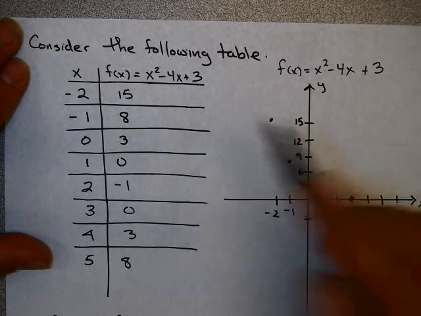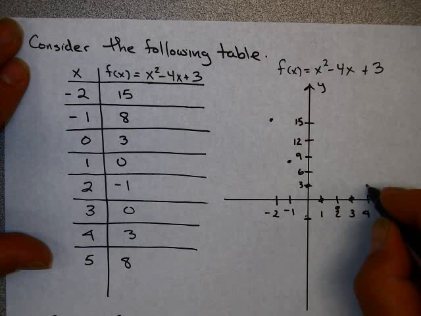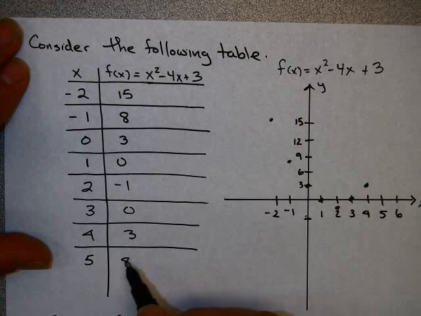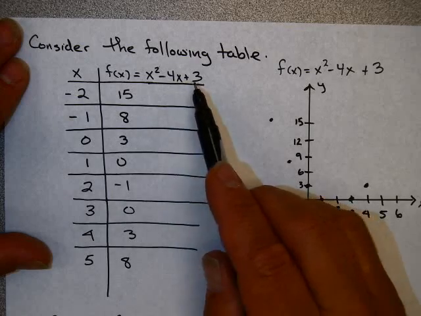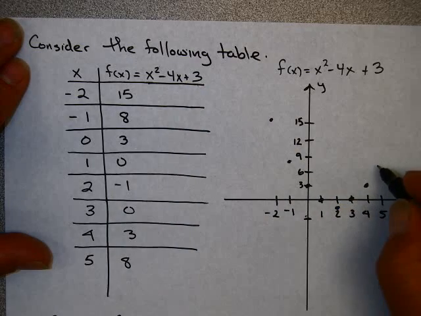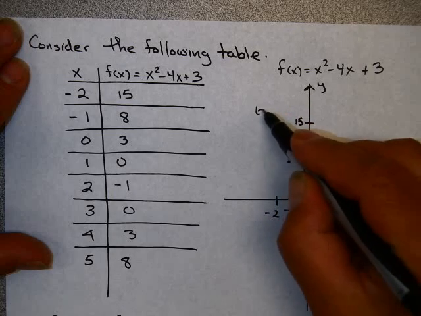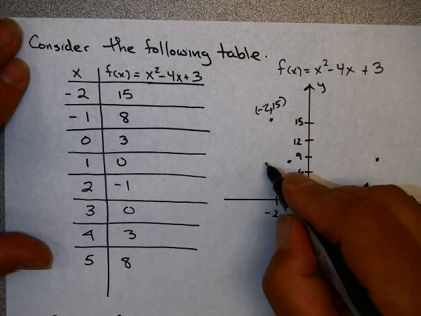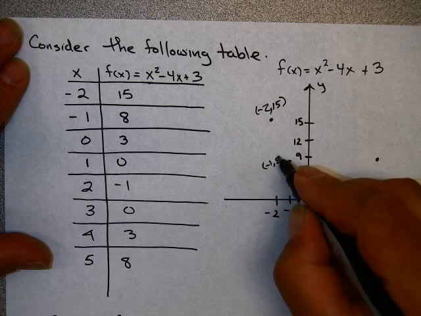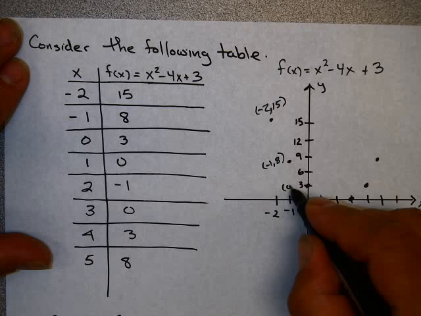So maybe about right here. Plug in 3, I get 9 minus 12 plus 3, which gives me 0. Plug in 4, I get 16 minus 16 plus 3, which gives me 3. And plug in 5, I get 25 minus 20, which is 5, plus 3, which is 8.